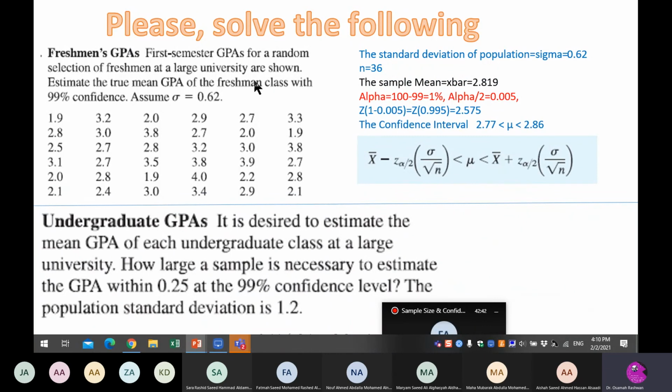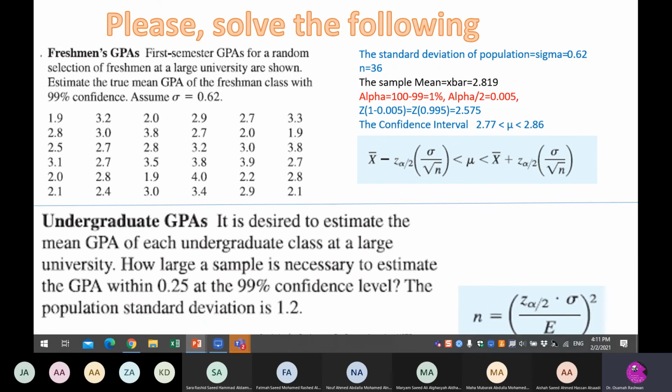For the same question, I will use the formula to find the sample size. This is the formula. I have z alpha over 2 is 2.575. I know sigma, he gave it to me in the question, 0.62. And yes, this is the sentence I'm looking for. He said to estimate the GPA within 0.025.